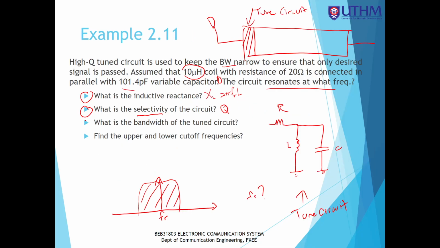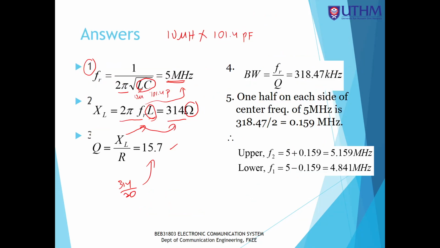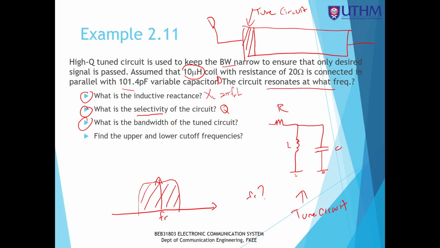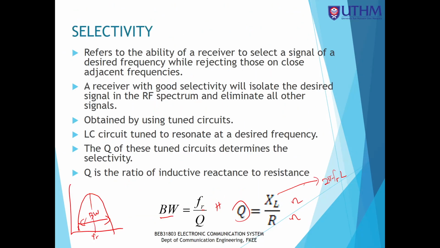Then what? The question asks, how much is the bandwidth of the tuned circuit? How much is the bandwidth that has been selected by the tuned circuit? So bandwidth is equal to resonant frequency divided by quality factor. So this formula is from the previous slide, which is this one.